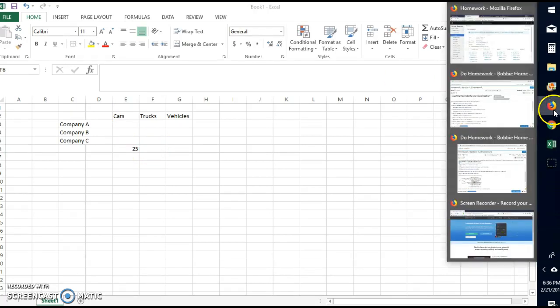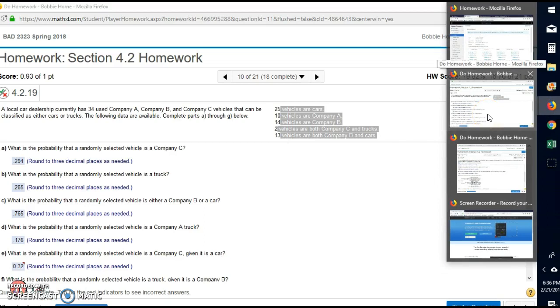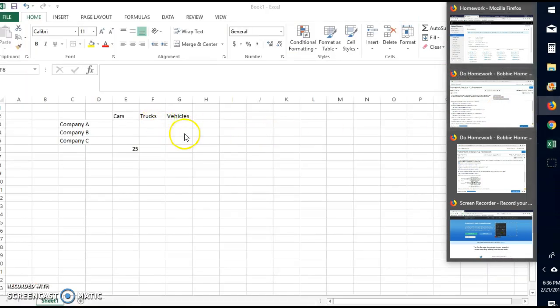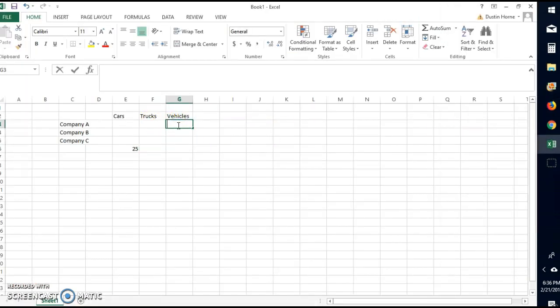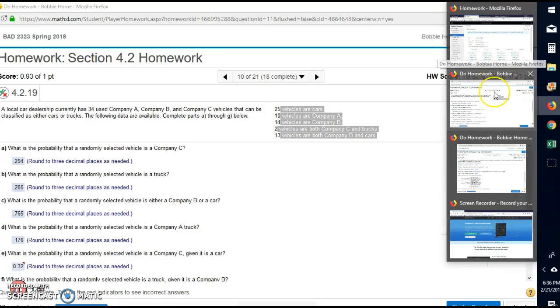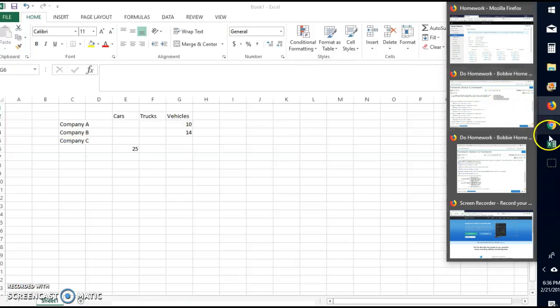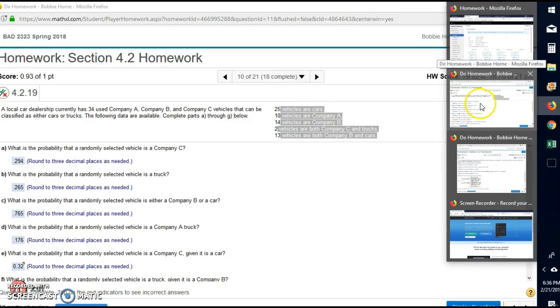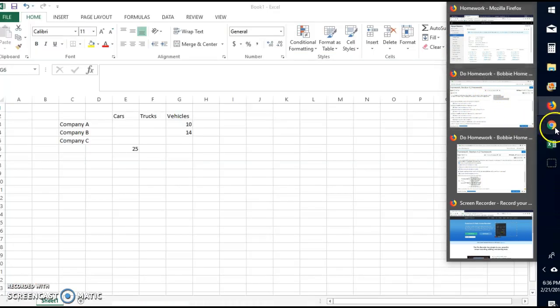And then we also know that we have 10 vehicles that are company A and 14 vehicles that are company B. And 2 vehicles are both company C and trucks, and 13 vehicles are company B and cars.